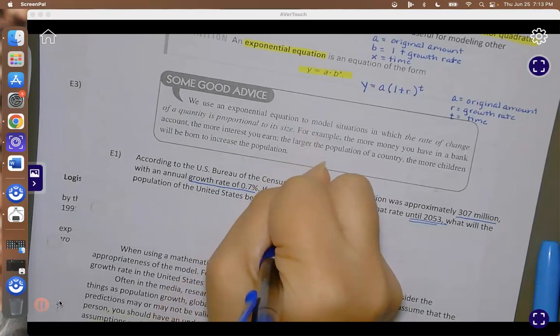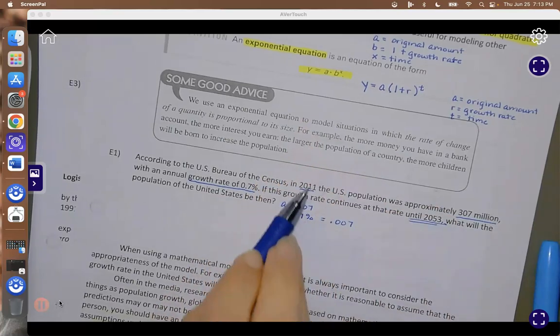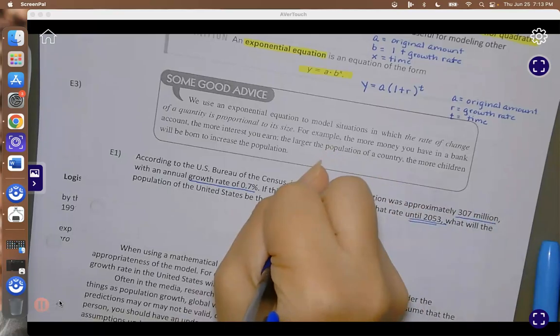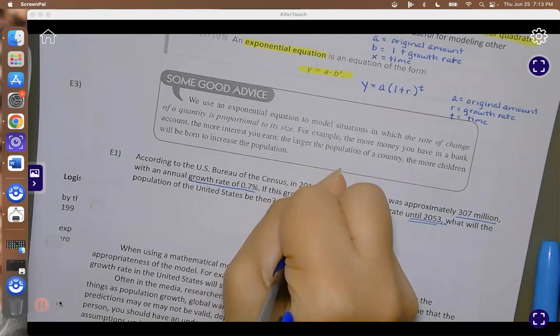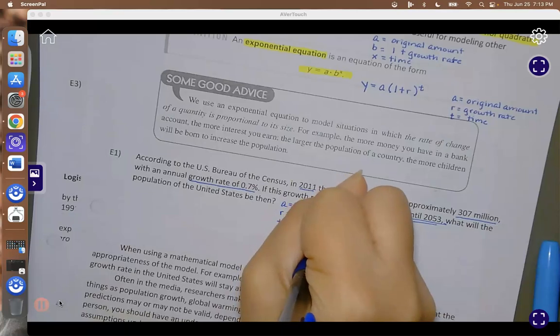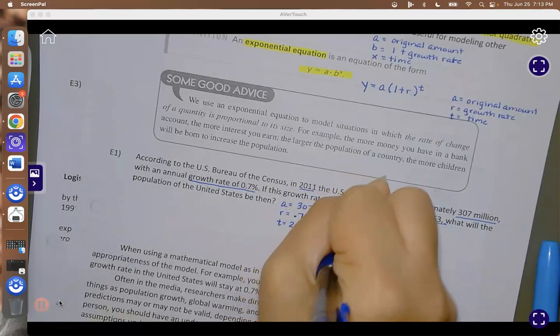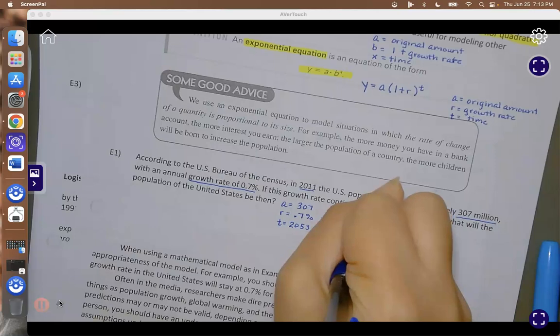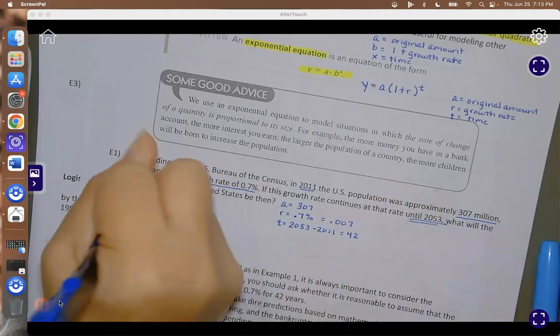Now, we're trying to calculate how much time has passed. So we're trying to get to 2053, and we started at 2011. That is 42 years.